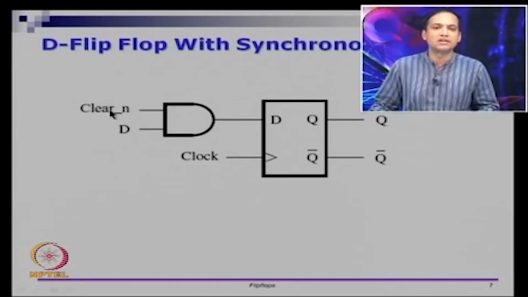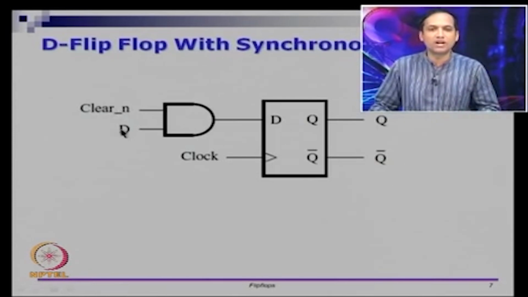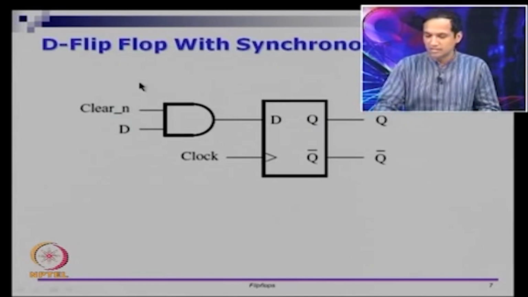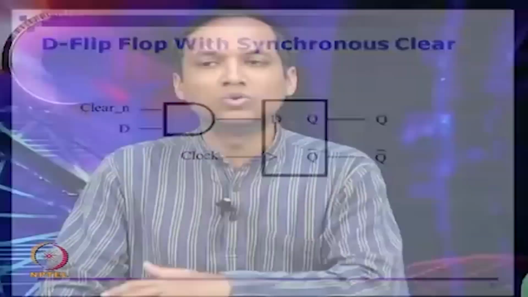However, if clear bar is 1, meaning you do not want to clear the flip flop, D will come as input here and that is passed down to Q, provided the flip flop catches it. So what we have is a D flip flop with a synchronous clear. A change in clear will not change Q unless there is a clock edge that comes and samples clear also. So D is always a sampled signal for a flip flop, and clear is also sampled in this example, whereas in the previous example clear was not sampled.